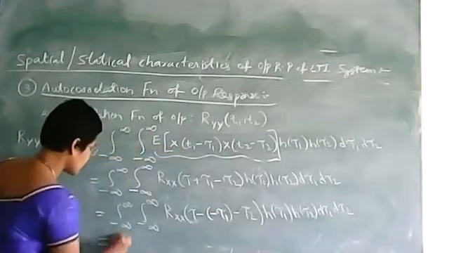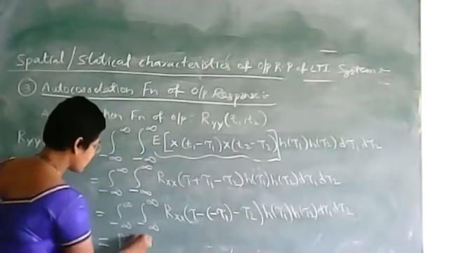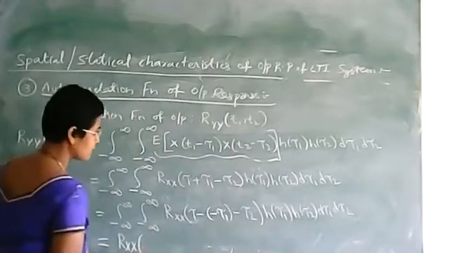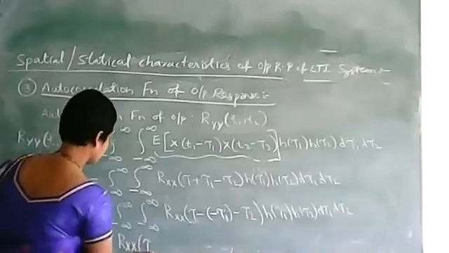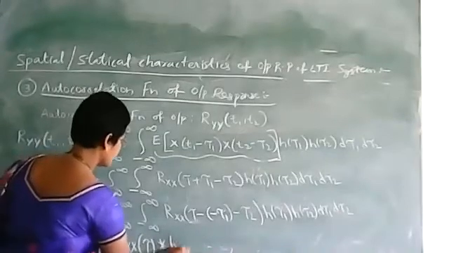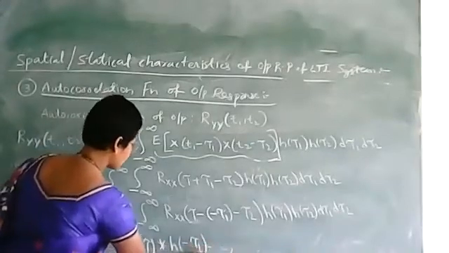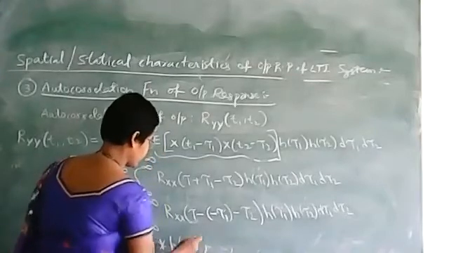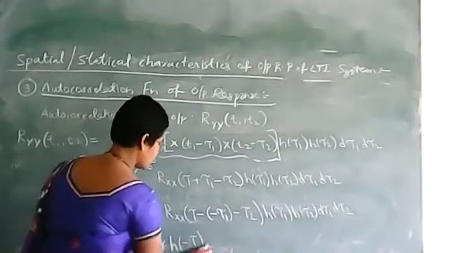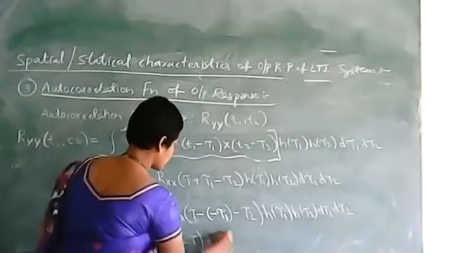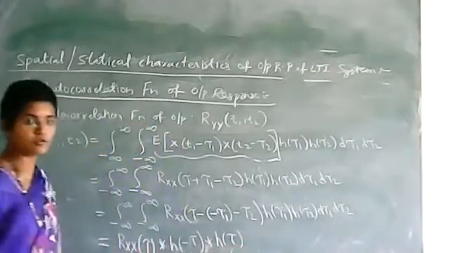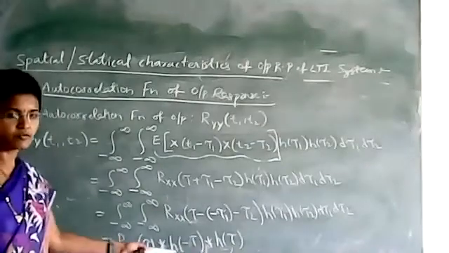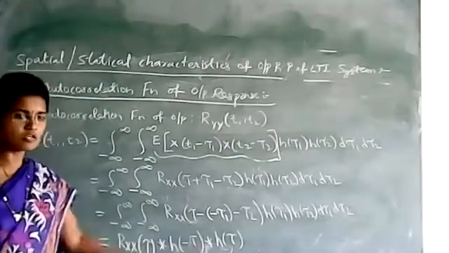So it is the convolution of R_xx of tau convolution h of minus tau convolution h of tau.